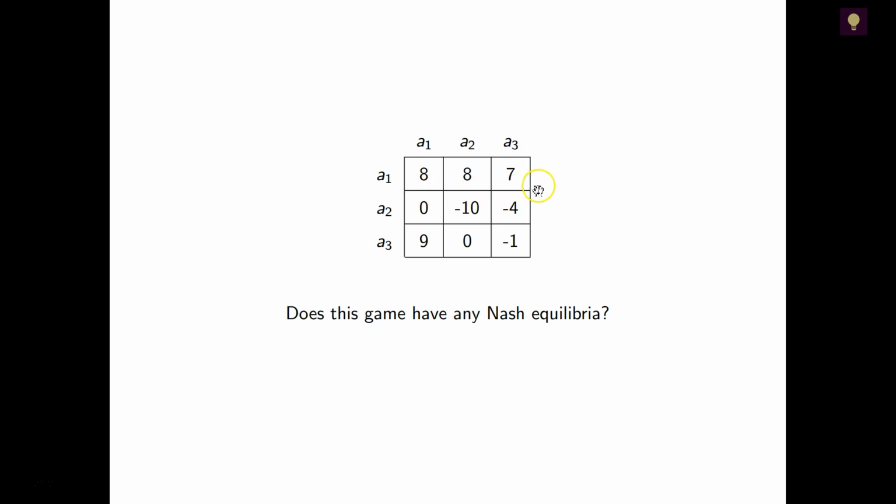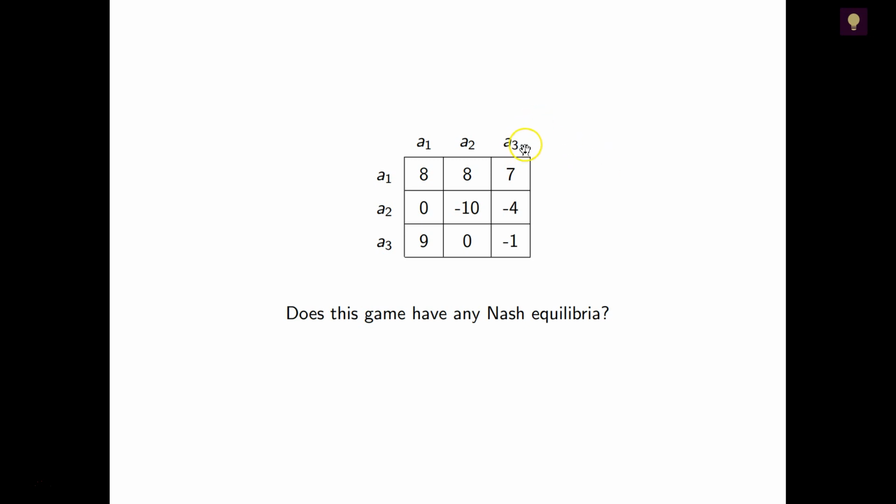How about A1, A3? Is that possibly a Nash equilibrium of this game? Well, given that player 1 is playing A1, we know that player 2 wants to play A3. So it is not a position that player 2 will deviate from. How about player 1?